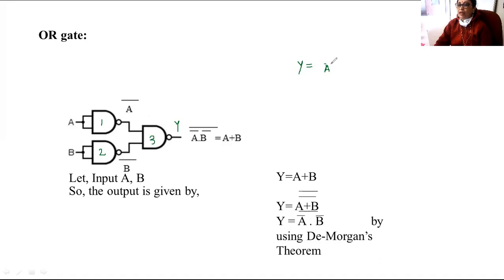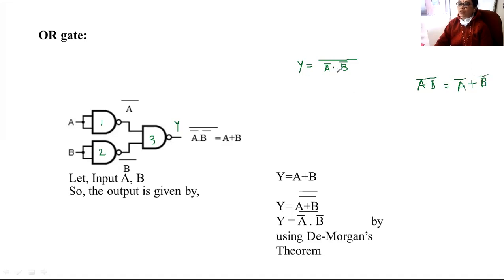So it will be A bar dot B bar and whole bar. Okay. Now here we are going to use De Morgan's theorem. So what De Morgan's theorem tells us? If A dot B whole bar is there, it can be written as A bar plus B bar.